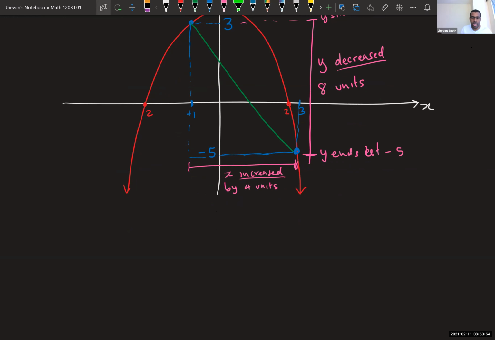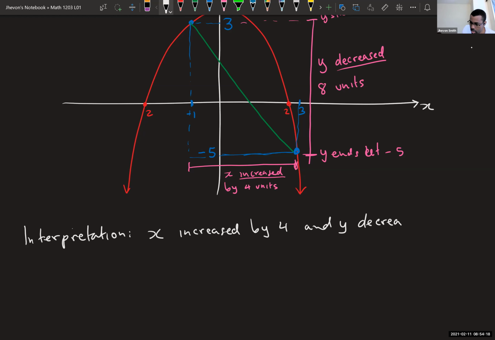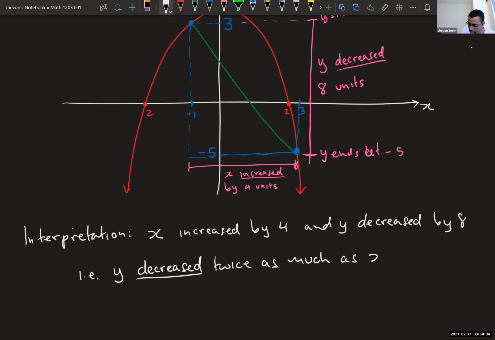And here's how we can interpret that. X increased by 4, and y decreased by 8, i.e., y decreased twice as much as x increased, on average.